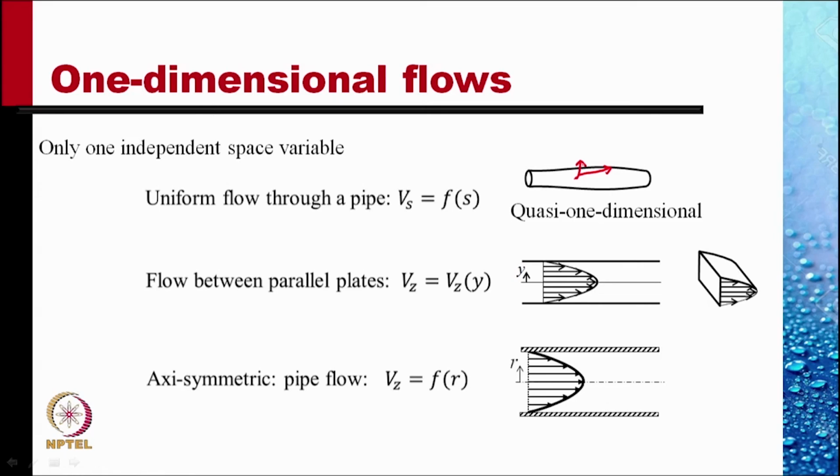In an axisymmetric flow in a pipe, there is only one component of velocity Vz, and this is a function only of r, the radius, that is the distance from the central axis. It does not depend upon the angle, it does not depend upon z. So there is only one component of velocity Vz, and which is a function only of one independent space variable r.